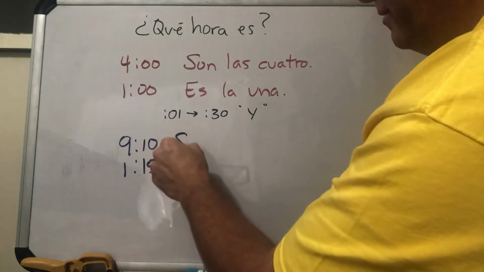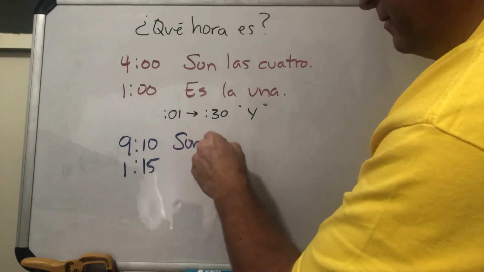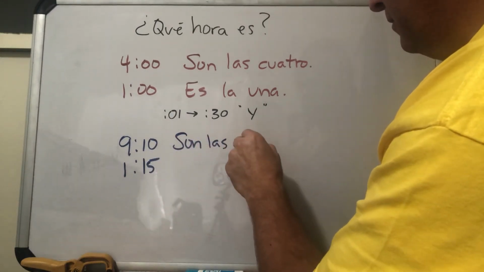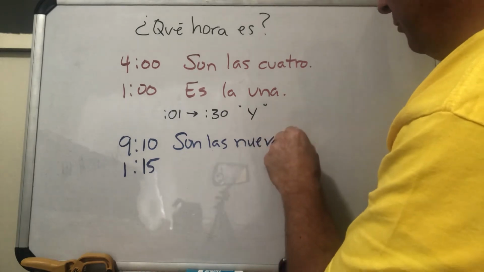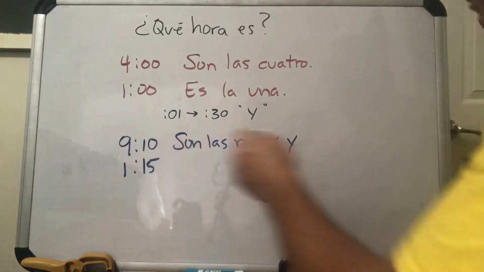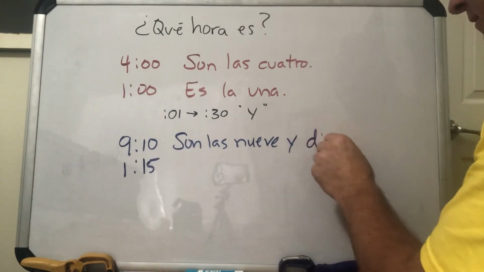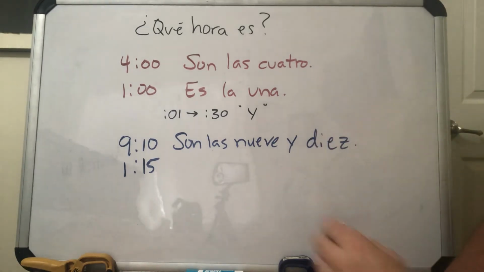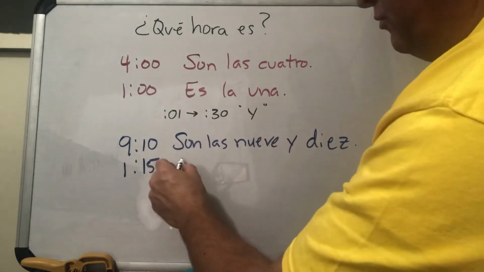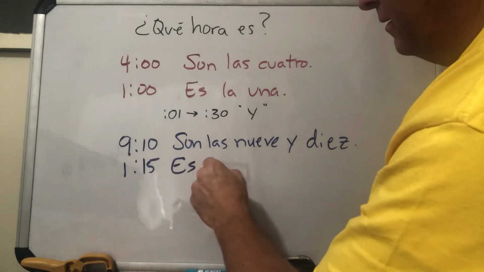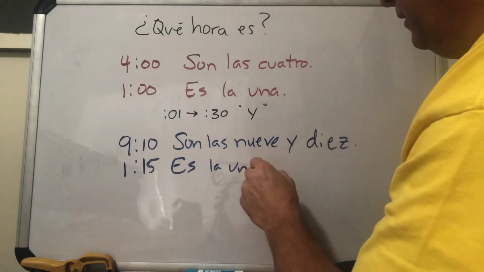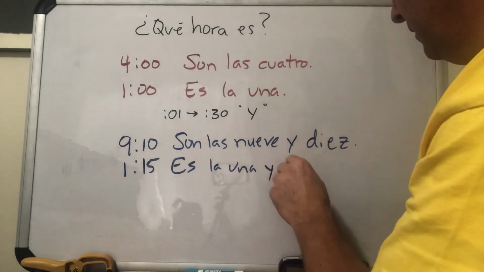Son las 9. And then we're going to put E, and then we have to add the minutes. 10. Okay? For 1 o'clock, again, we do es la 1, E, 15.